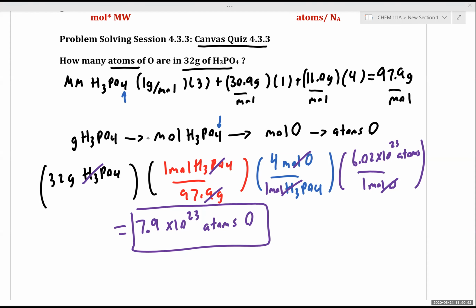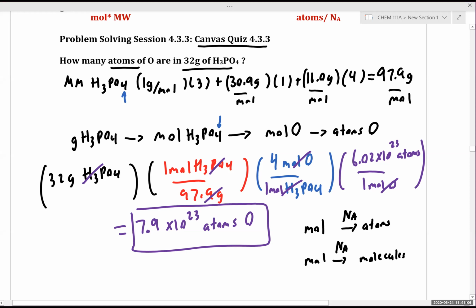Avogadro's number has units of atoms per mole. So anytime we're going from moles of an element to atoms, or if we're going from moles of a compound to molecules, you will use Avogadro's number.